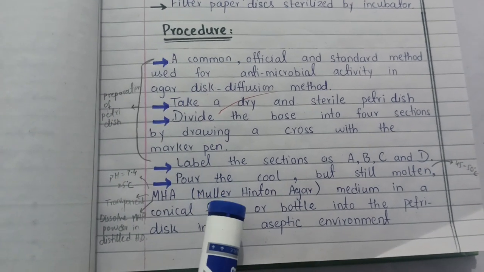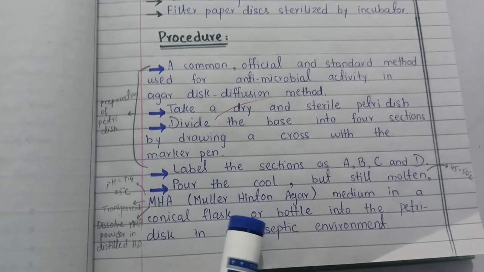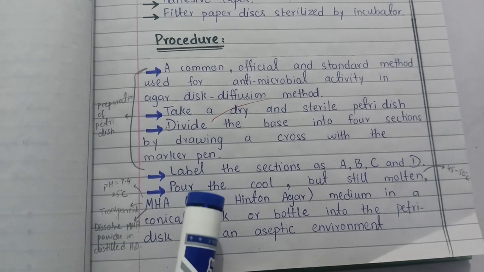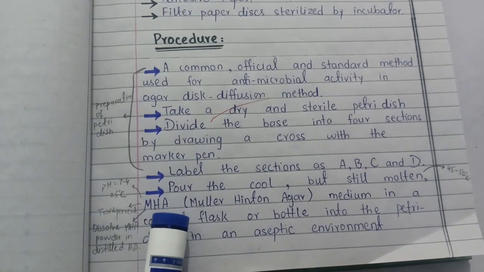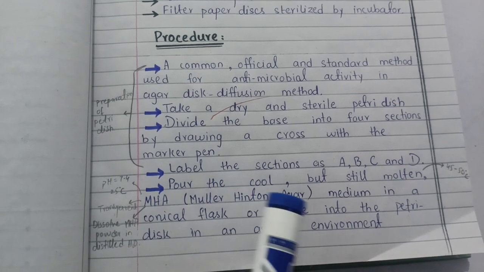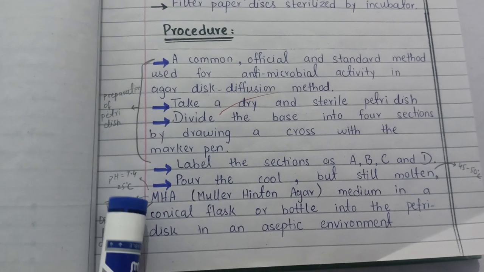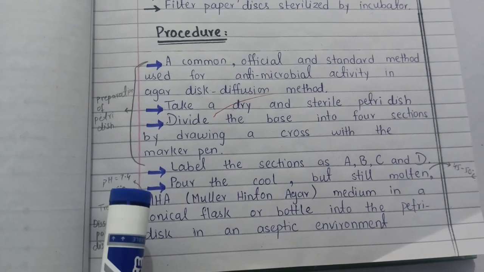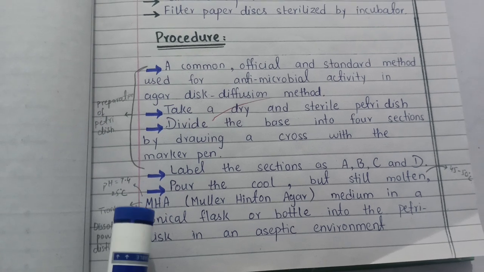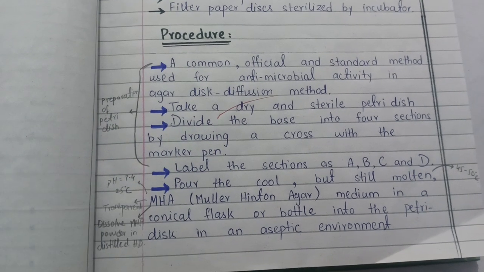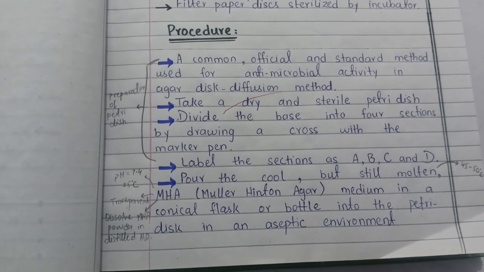Then you have to prepare the agar material in it. You have to pour MHA, which is Mueller Hinton agar. This is an agar material whose pH is about 7.4, a neutral pH at 25 degrees centigrade, and this agar is transparent.